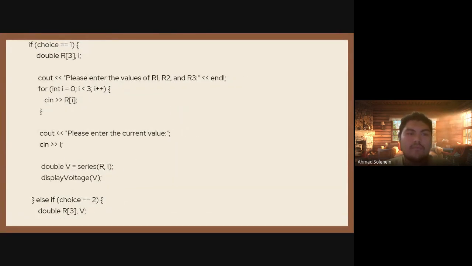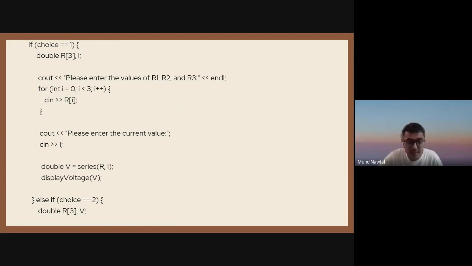Hi, my name is Muhammad Nawfal. If the user keys in choice one, it will calculate the series circuit. For cout, it will display please enter the values of R1, R2, and R3. For int I equals 0, I less than 3, comma I plus plus, and you close the bracket.